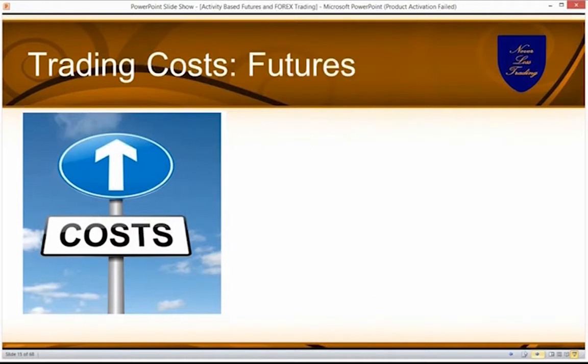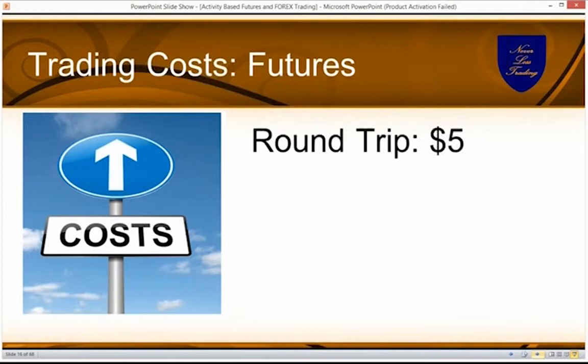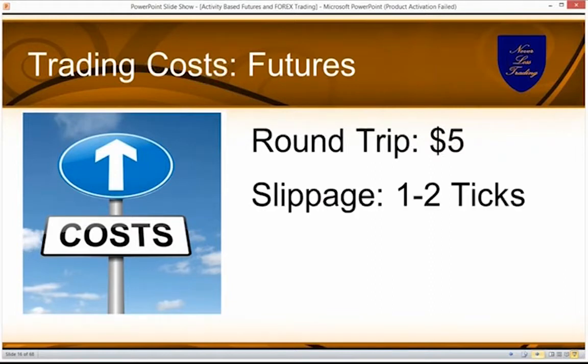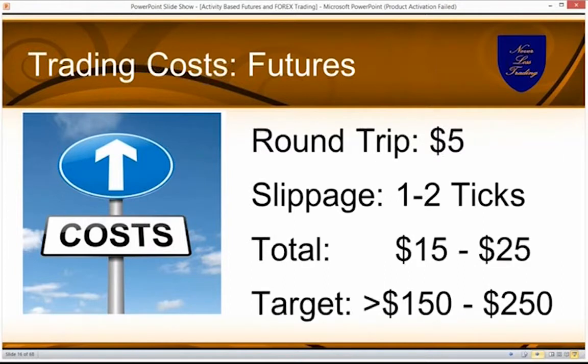Then you have round trip costs, like for futures, $5 round trip on average. I know I have better ones, but it doesn't matter. That's what the average person pays, plus the slippage. When you add that all up, you have trading costs of $15 to $25, and that means when you trade below a target of $150 to $250, your odds are not in your favor that you come out with money.